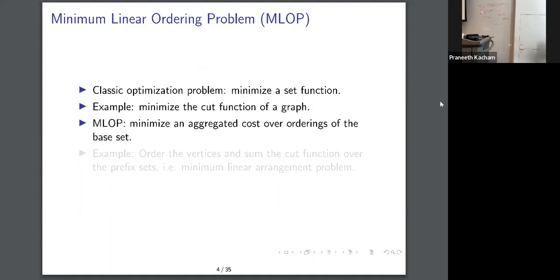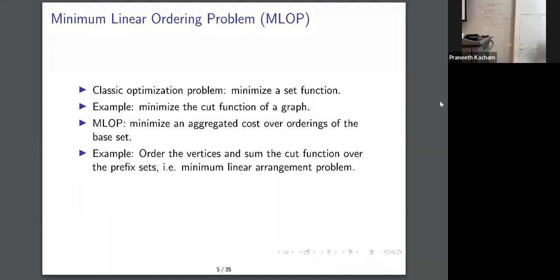And the total stretch of edges is going to be minimized. So this is the minimum linear arrangement problem. And as we will see, there are variants, such as the minimum sum vertex cover problem, versus the MLOP variants of them.